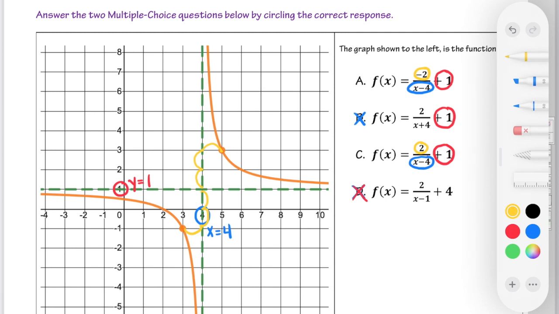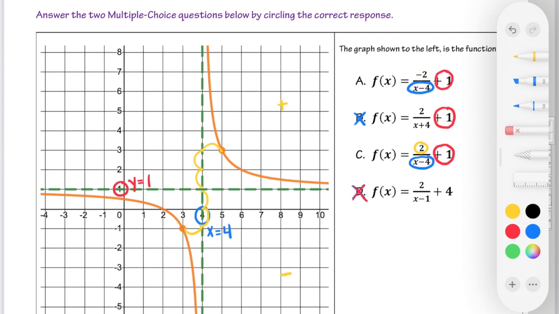But the positive or negative has to do with what quadrants we're in. So I always focus on whether the right branch is above or below the horizontal asymptote. If the right branch is above, then it's a positive A value, a positive value in the numerator. If the right branch is below the horizontal asymptote, then it's a negative A value in the numerator. Since it's above, we should have a positive A value.